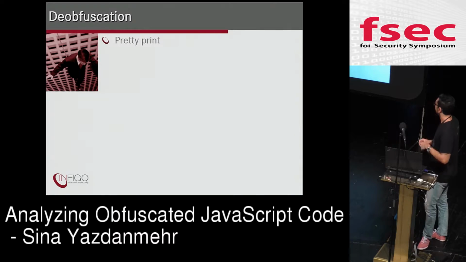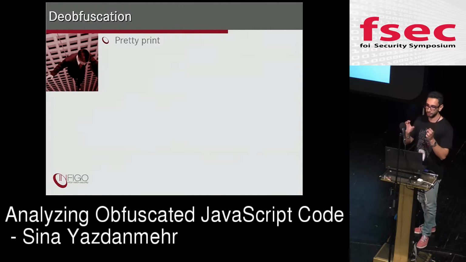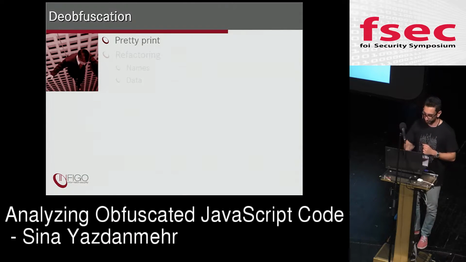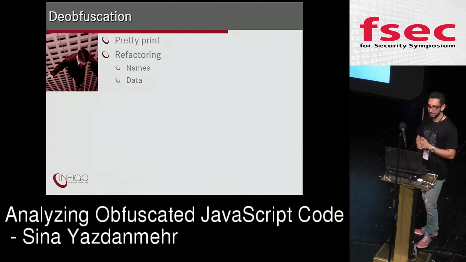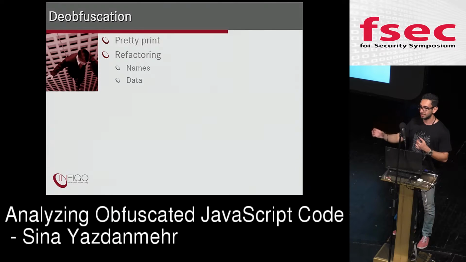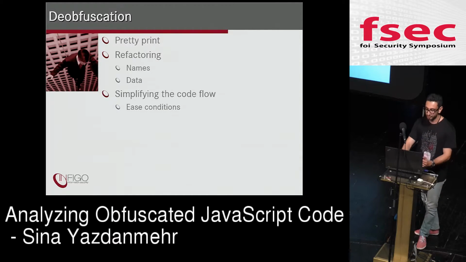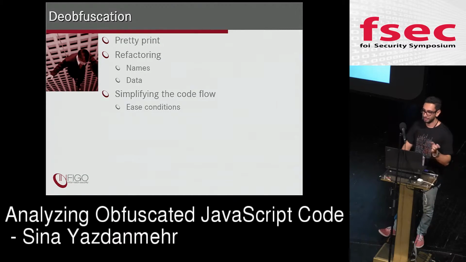For deobfuscating, the first step would be pretty print, in order to make it a bit better and nicer to understand. Then start to refactor names, function names, variable names, and data. Refactoring means deobfuscating the syntax and data. After that, I start to simplify the code flow. For this stage, check conditions and try to ease them.